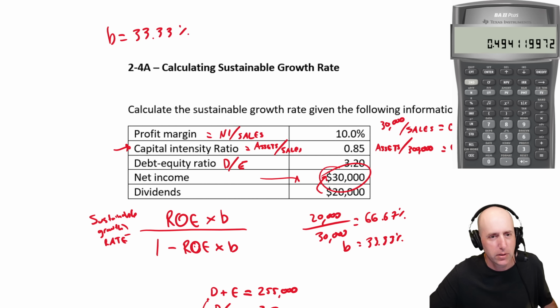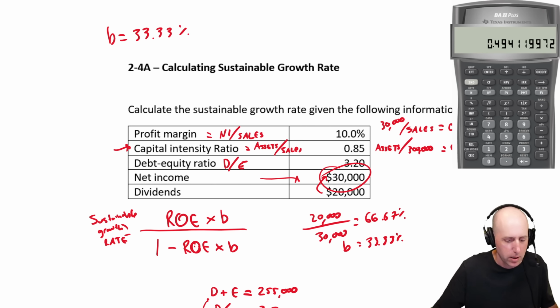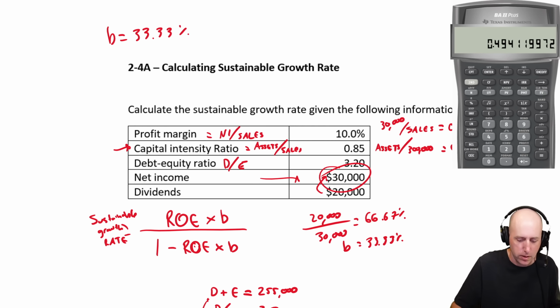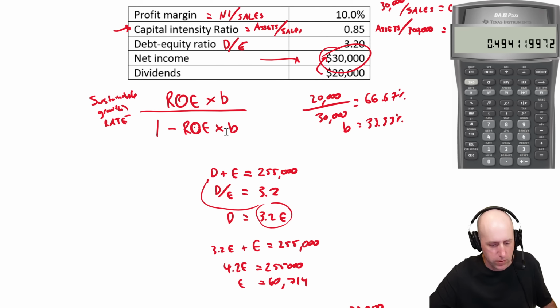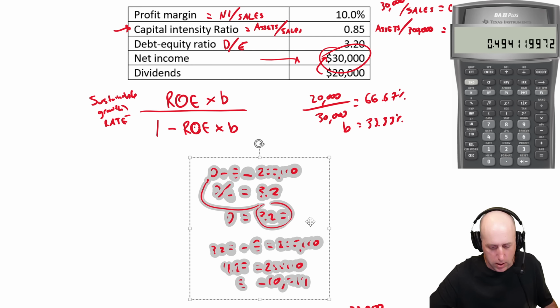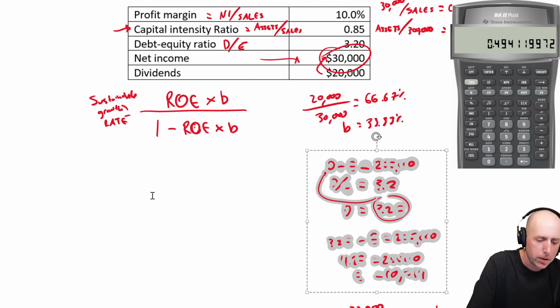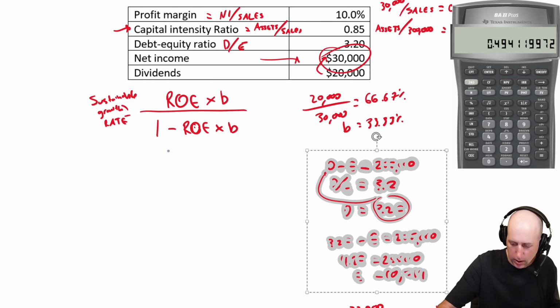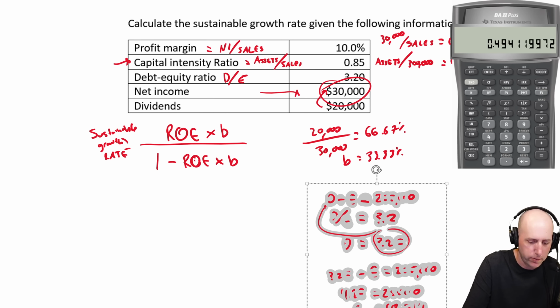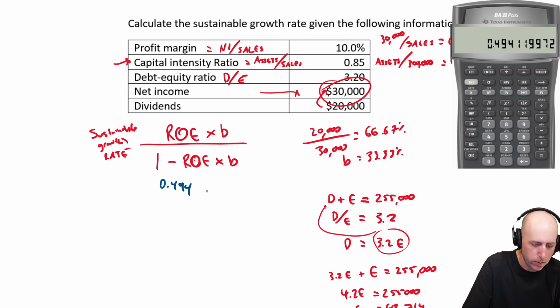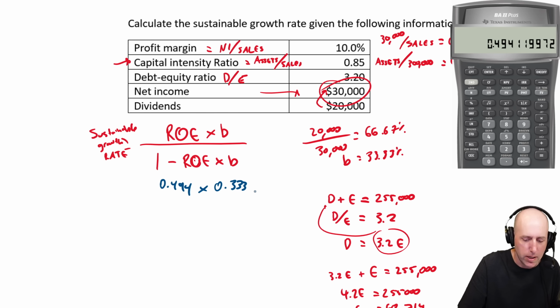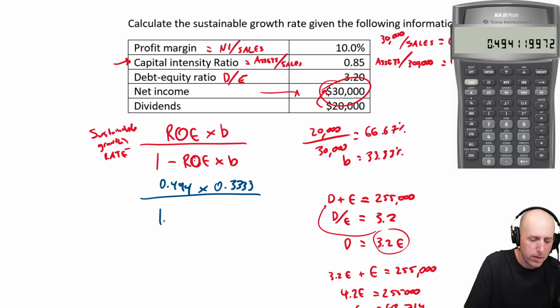Let's solve. I'll do this in different color ink because it's getting too much of the same ink. So let me actually move this over here. So our ROE was 49.4%, 0.494 times B, which was 0.333, divided by 1 minus 0.494 times 0.333.